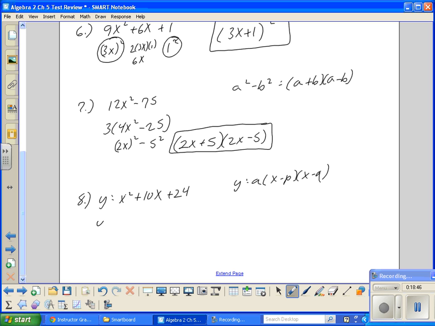So we're going to factor that 24, looking for the factors of 24 that will add up to equal positive 10. And 6 times 4, if we add those together, it'll be 10. So that factors to x plus 6, x plus 4.